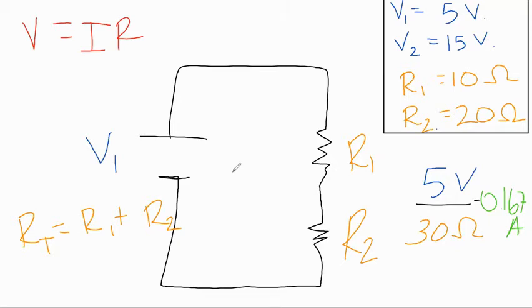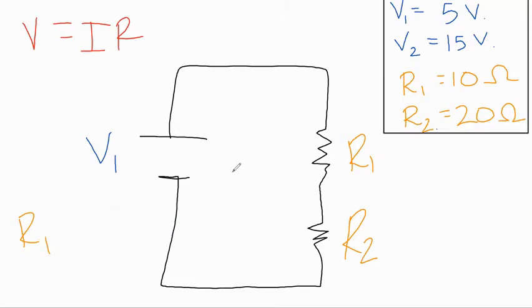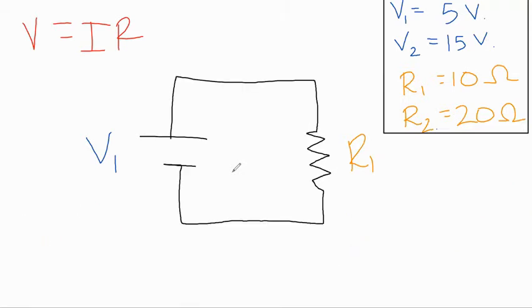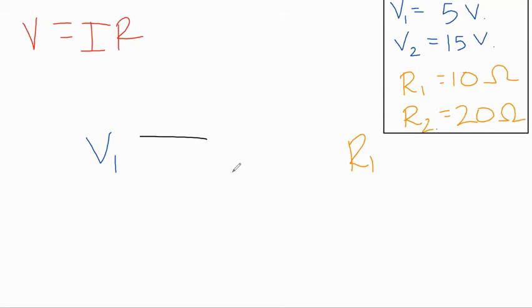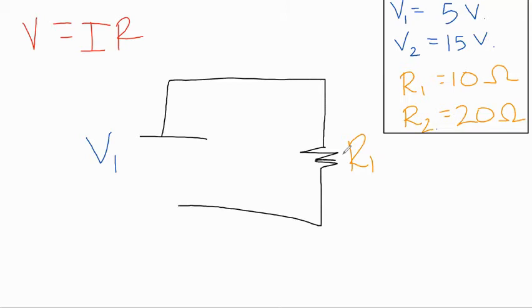Now let's suppose that we change this diagram even further. Let's say that we change this diagram to be even more complicated, where we have our first resistor right here, but we also have a second resistor right about here, which is called R2.